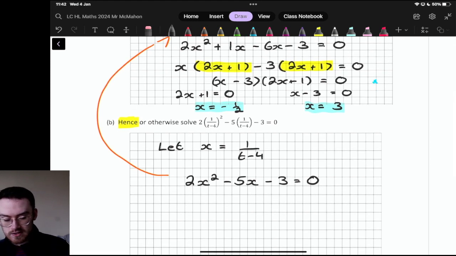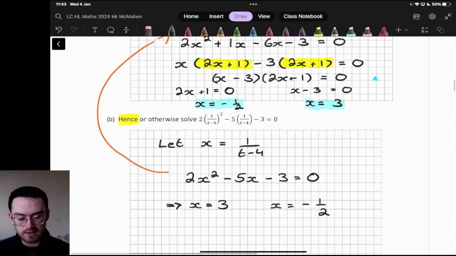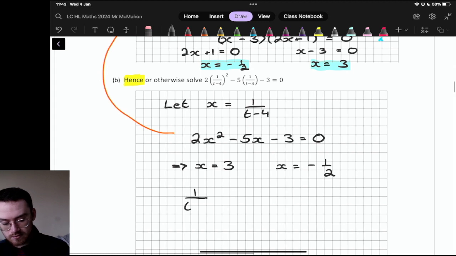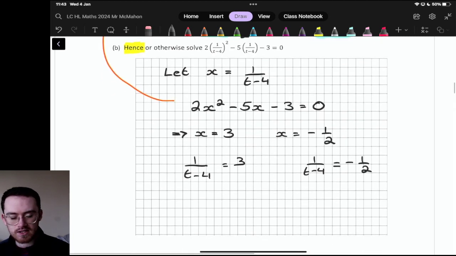So from our previous part, we already know that x is equal to 3 and x is equal to minus a half. So we can take those answers now and say, if x is equal to 3, then 1 over t minus 4 is equal to 3, or 1 over t minus 4 is equal to minus a half.